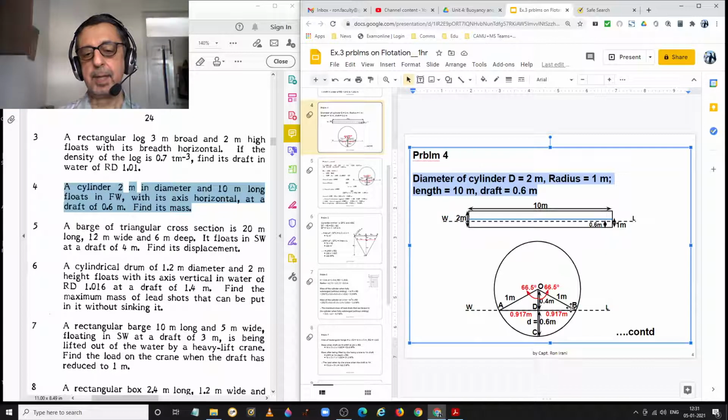To find AD, we use the Pythagoras theorem. We know that the radius is 1 meter and it is floating at a draft equal to 0.6 meters. That is, CD is equal to 0.6 meters. Therefore, OD will be equal to 0.4 meters. After we find the value of the chord AB, we need to find the value of the angle AOB.